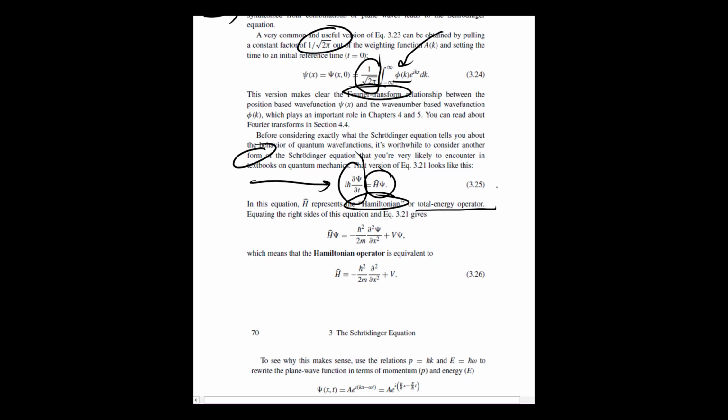If we look at what that must be, given our Schrödinger equation, it must be equal to this second derivative term with the negative h bar squared over 2m in front of it, plus the potential energy times wave function psi. So we can write the operator itself without the wave function as just H hat. Looks like this. This is the Hamiltonian operator, and this is the Schrödinger equation written using that operator.